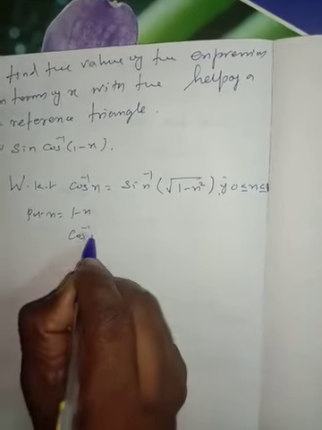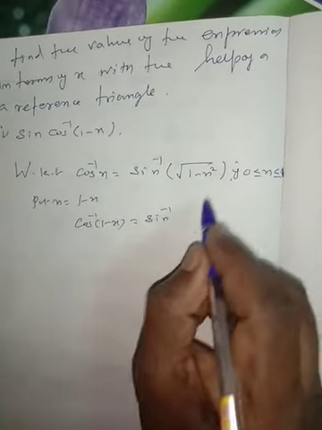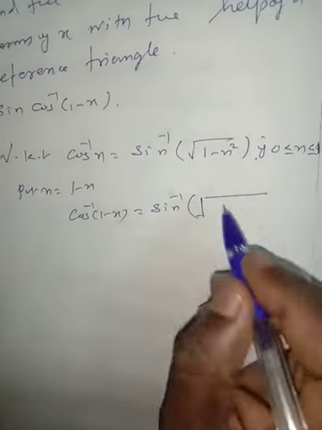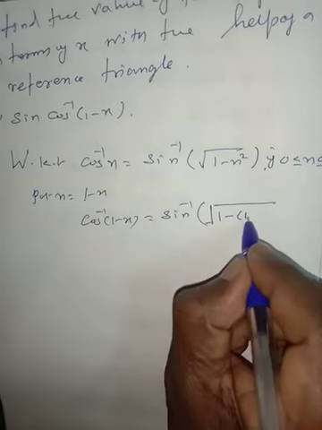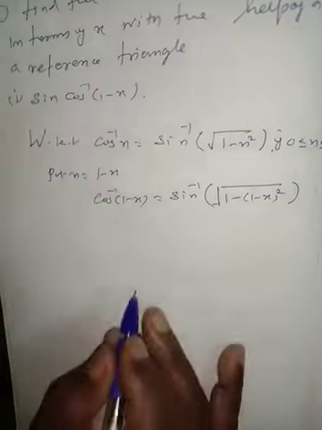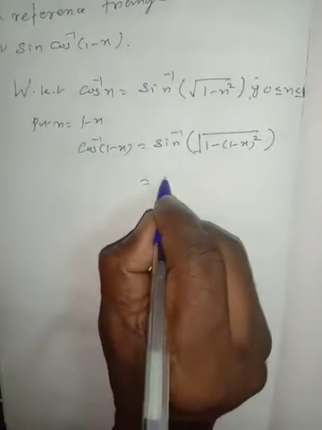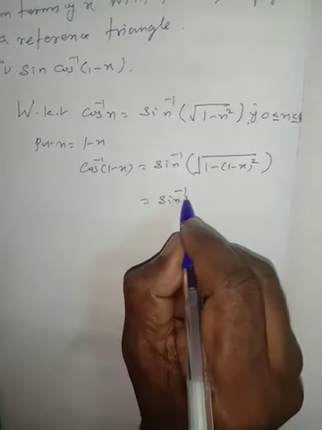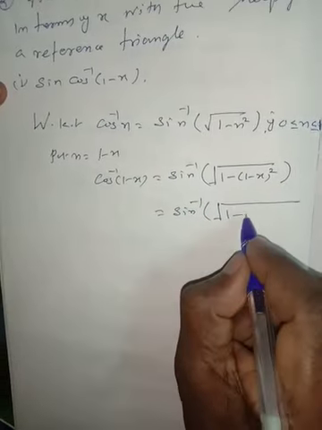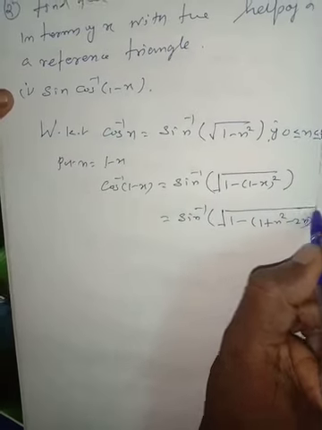Cos inverse of 1 minus x is equal to sine inverse of square root of, put x is equal to 1 minus x, so 1 minus bracket 1 minus x whole square, is equal to sine inverse of square root of 1 minus bracket 1 plus x square minus 2x.